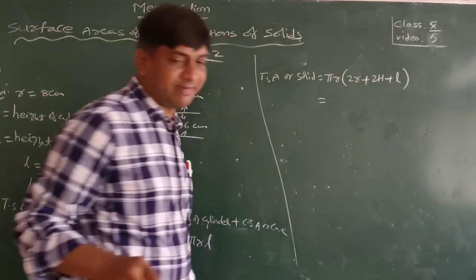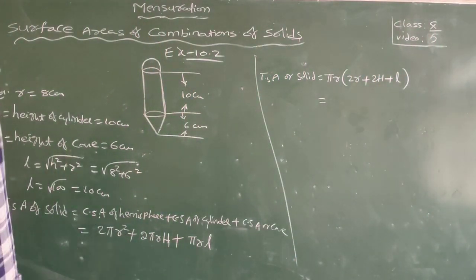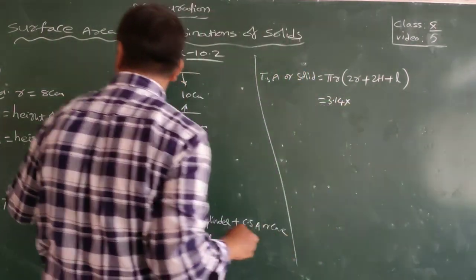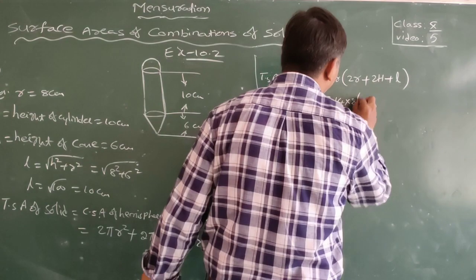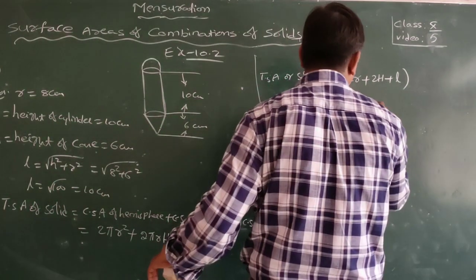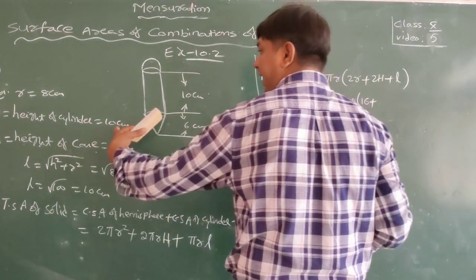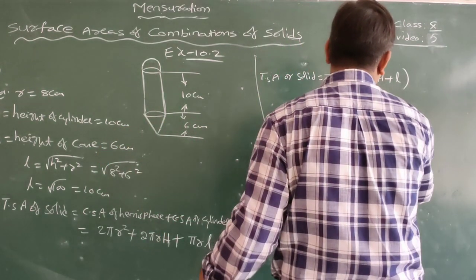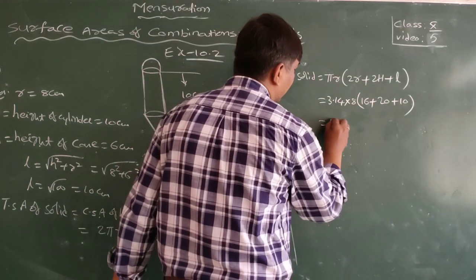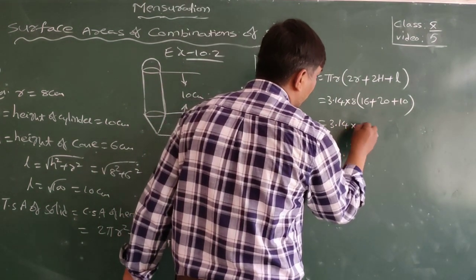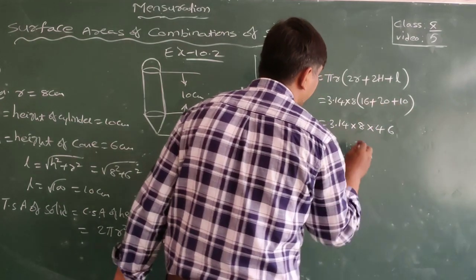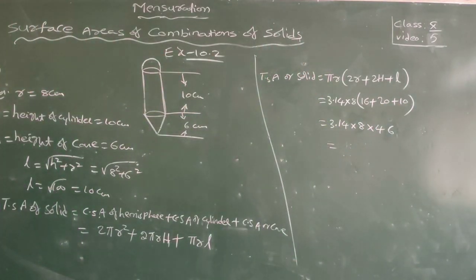That is equal to pi value 3.14, yes, 3.14 into radius 8, into 2r means 16 plus 2H, 2 tens are 20, plus l is 10. That is equal to 3.14 into 8 into 46. Now multiply all these and write the answer.